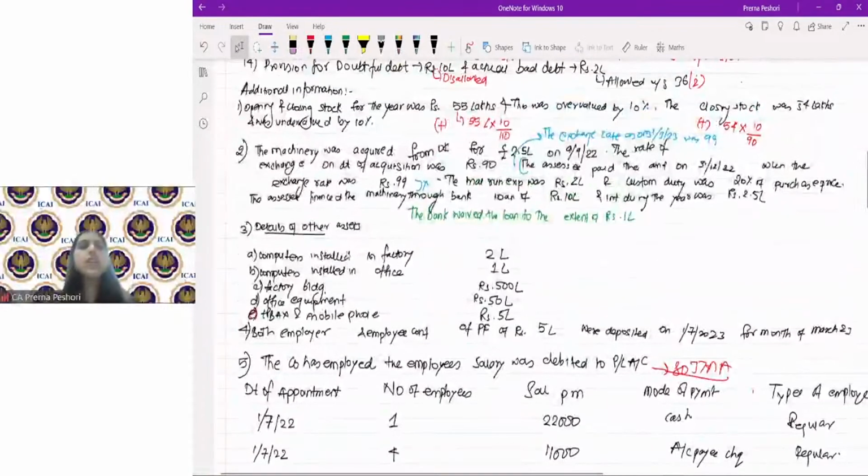Next, details of the other assets. Computers installed in the factory.